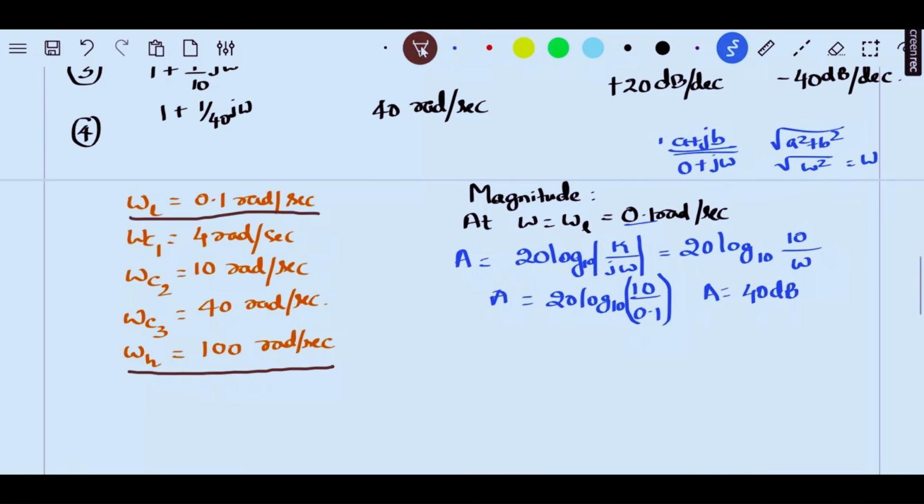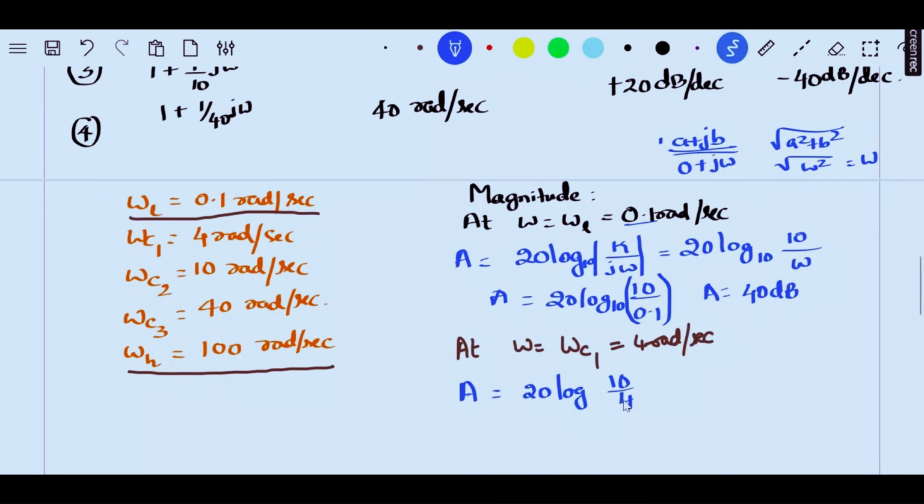Now the next step is at omega equals omega C1, and we know omega C1 is 4 radians per second. So when you go with omega C1, we go with the same formula, keep that in mind, which is 20 log of magnitude of K, which is 10, divided by magnitude of J omega, which is omega. Now omega value will be equal to 4.